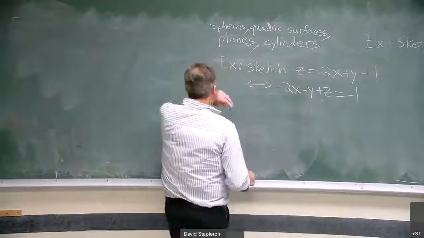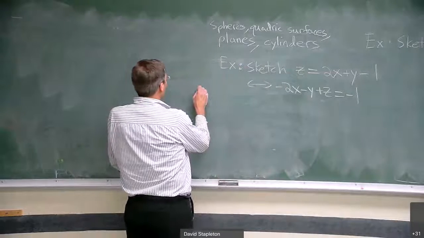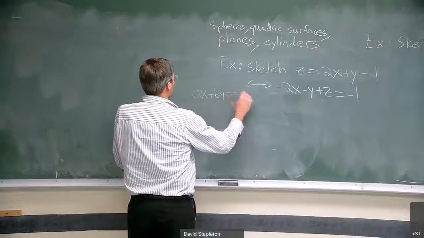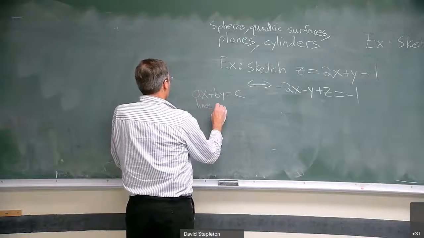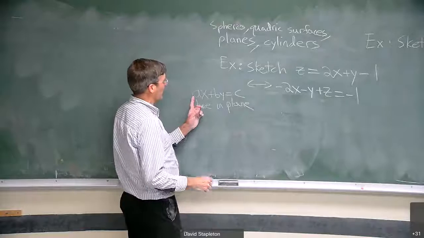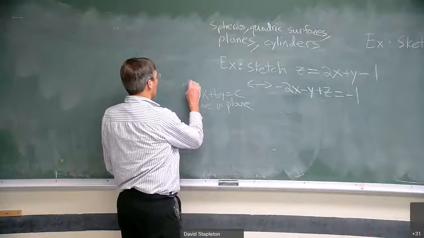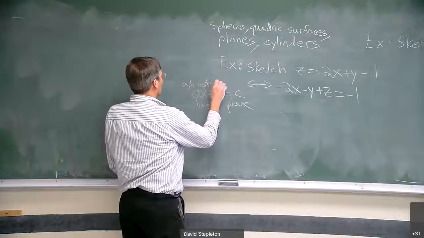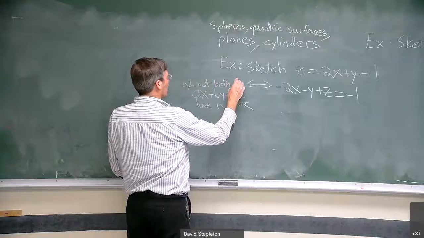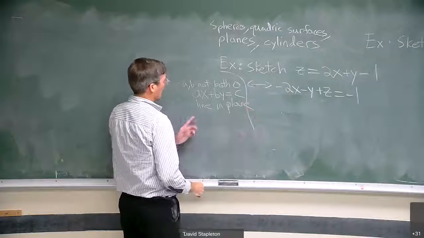Here's the thing. In the plane, any equation of the form ax plus by equals c is a line in the plane, right? We learned this. This is the general form of an equation for a line, whenever a and b aren't both 0. This is a line, and every line can be given this form. So we call it the general form of a line in the plane.